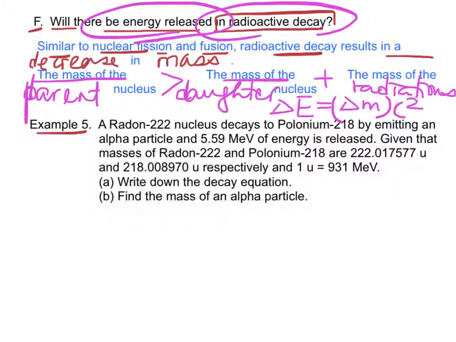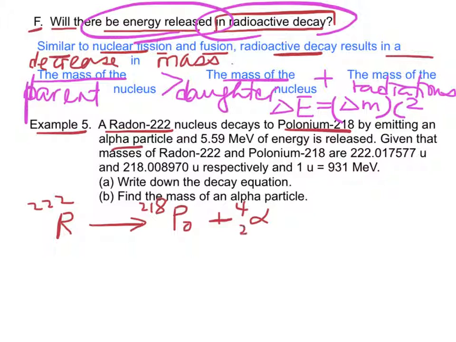Example 5. Radon-222 nucleus decays to polonium-218 nucleus by emitting an alpha particle, and in this case 5.59 MeV of energy is released.